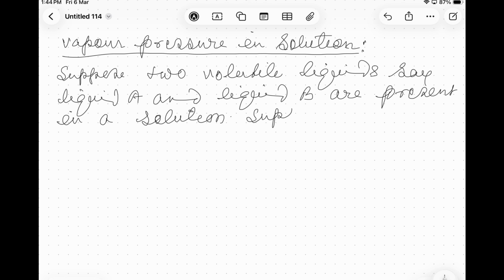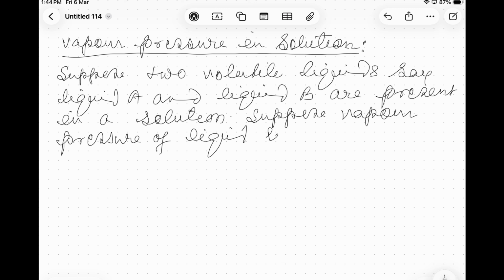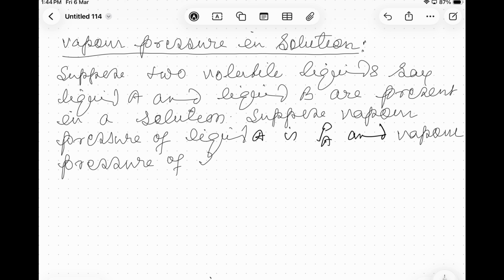Suppose the vapor pressure of liquid A is PA, and the vapor pressure of liquid B is PB.